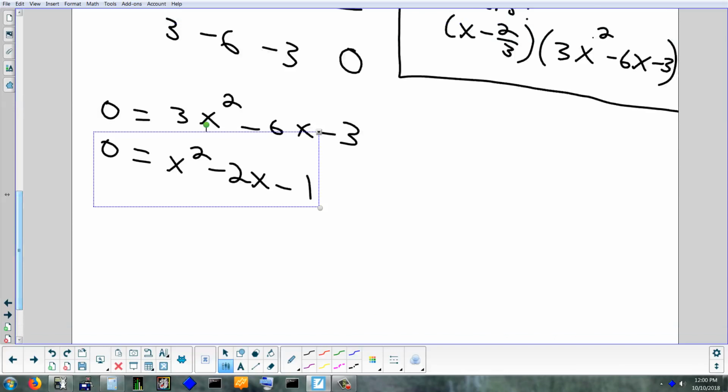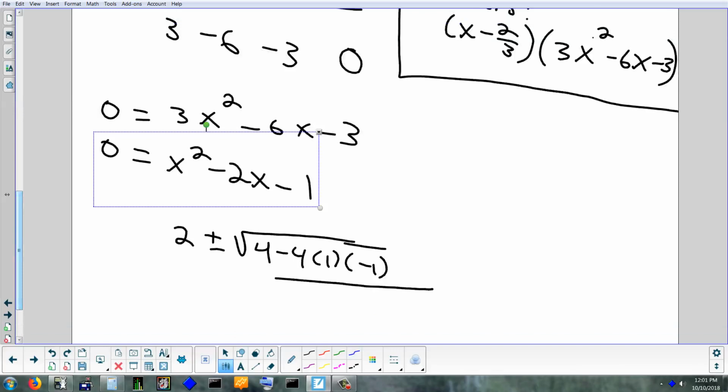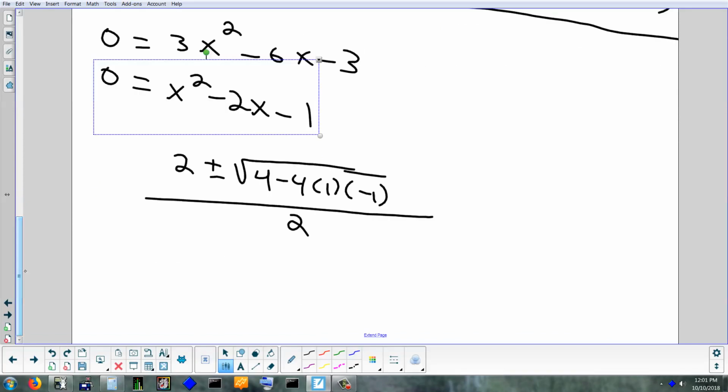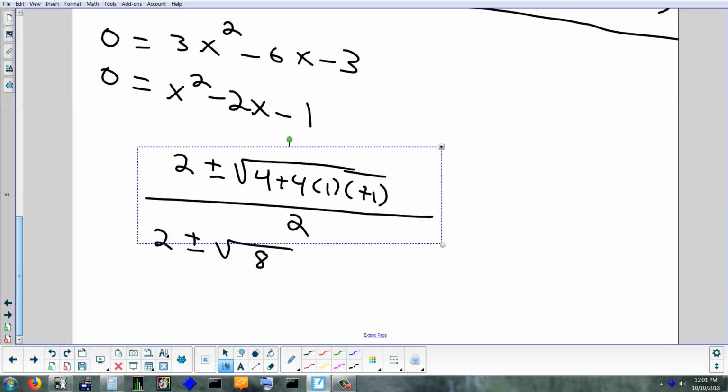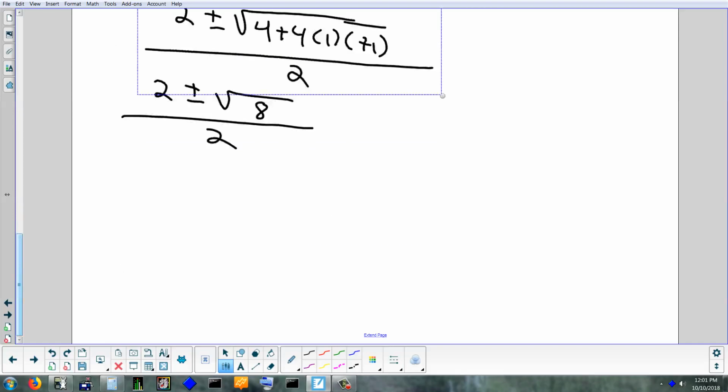Yeah. Quadratic formula. So we've got negative b plus or minus the square root of b squared minus 4ac all over 2a. So I end up with 2 plus or minus, I'm going to be subtracting a negative number, so that's going to turn into a positive. 4 times 1 is 4, plus 4 is 8, divided by 2.